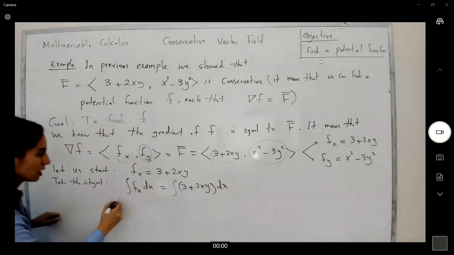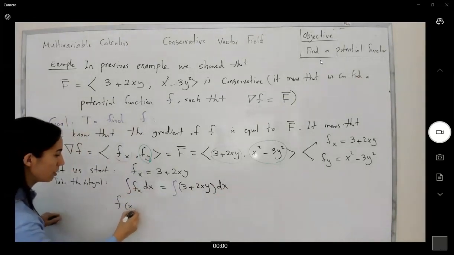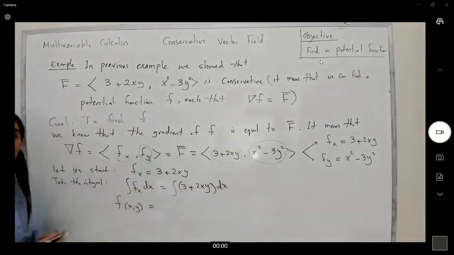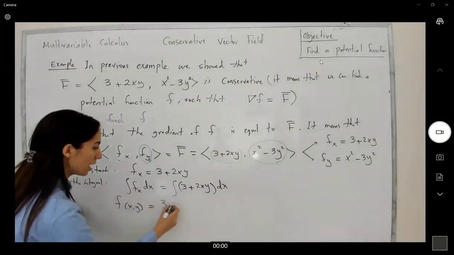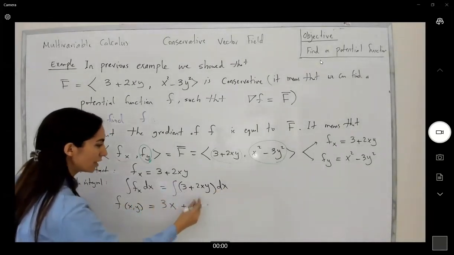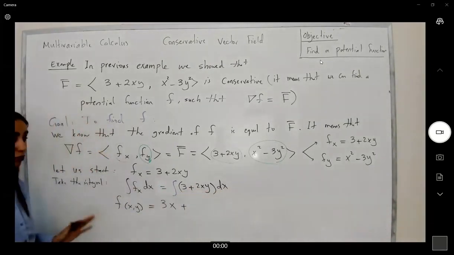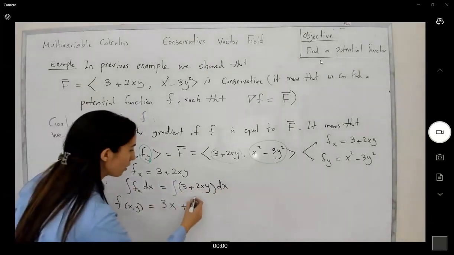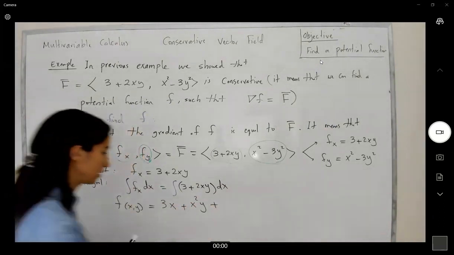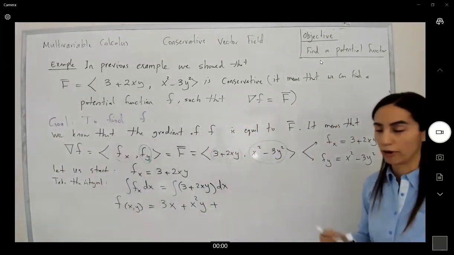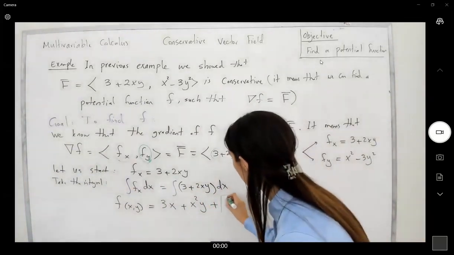What do you have here on this side? It means that f(x, y) is equal to the integral of 3 dx, which is 3x, plus the integral of 2xy with respect to x, which is x squared y, plus a constant. Guys, this is very important. What is this constant?